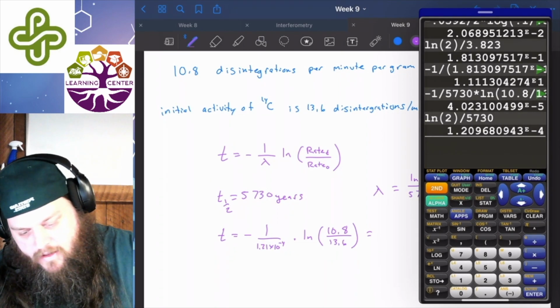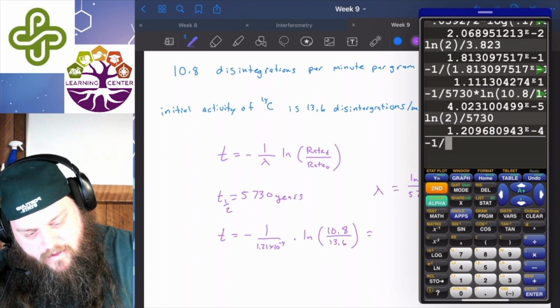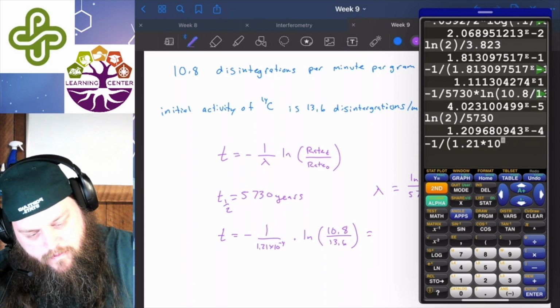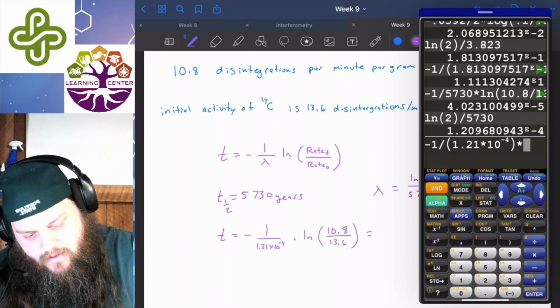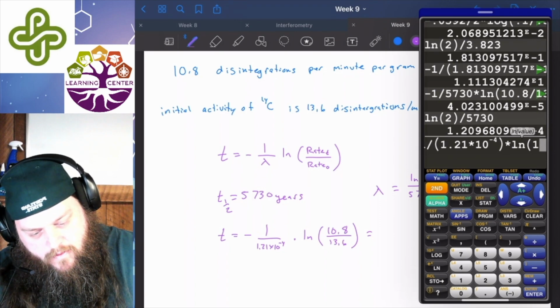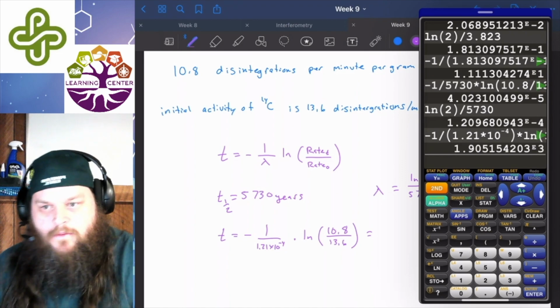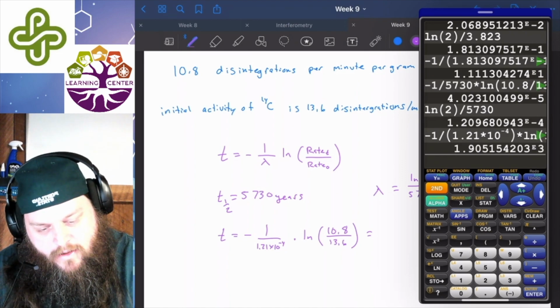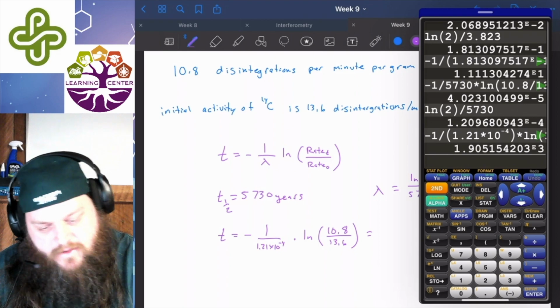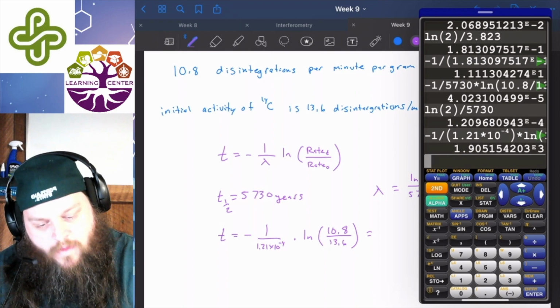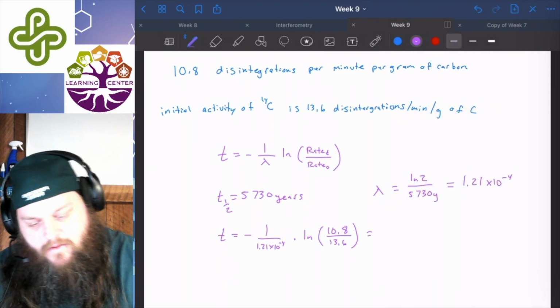Let's write it again. I have an extra parenthesis in there. 1.21 times 10 to the power negative 4, close parentheses, times the logarithm of 10.8 divided by 13.6. There we go. That's 1.9. So I'm going to move that decimal place 3 places to the right. So it's going to be 1,905 years.